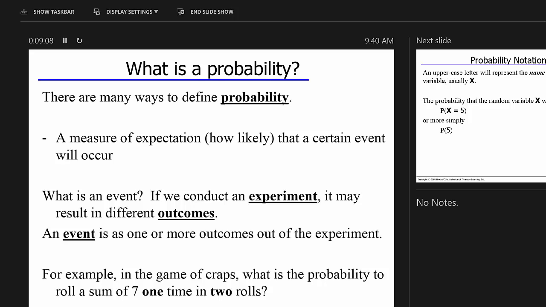Probability is the likelihood of something happening, right? And therefore, we have to define what that something is. That's an event, okay? If I'm looking for something to happen, I'm expecting a certain event. So probability is a measure of expectation, how likely it is for me to observe that event. For example, every day the weather forecast gives you a chance of rain today, right?